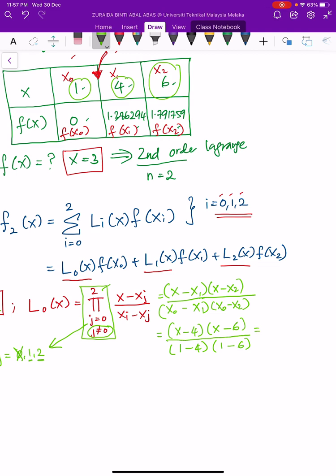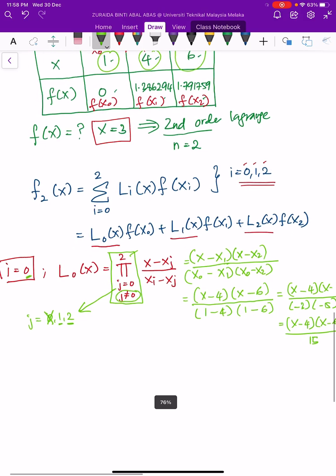So we will obtain (x minus 4)(x minus 6) divided by, this is minus 3, this is minus 5, so that will give us (x minus 4)(x minus 6) over 15. Okay, done with L0.